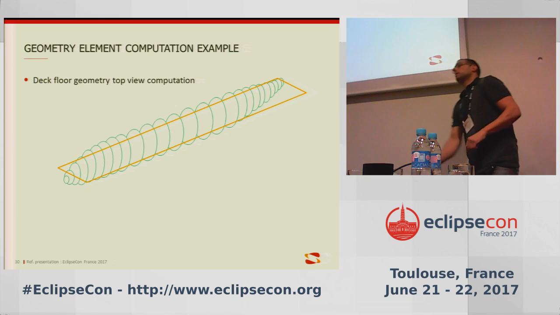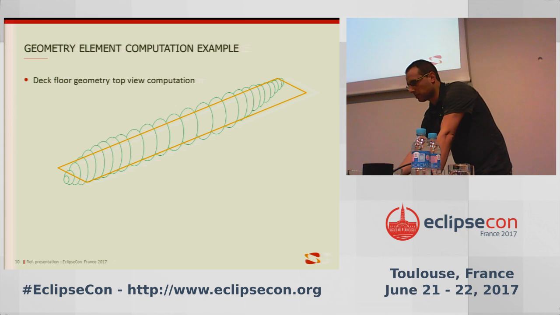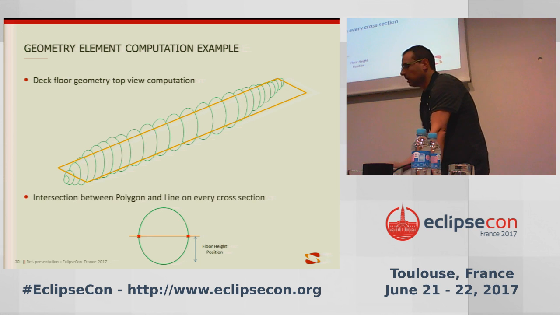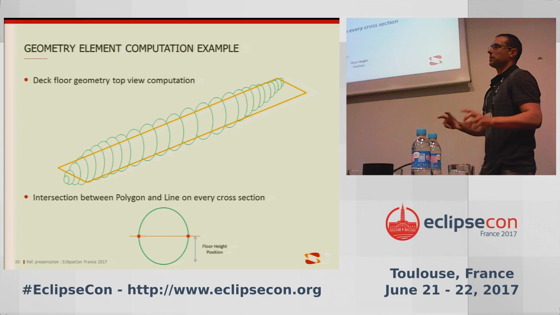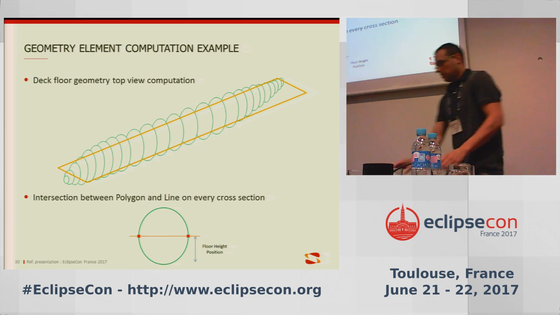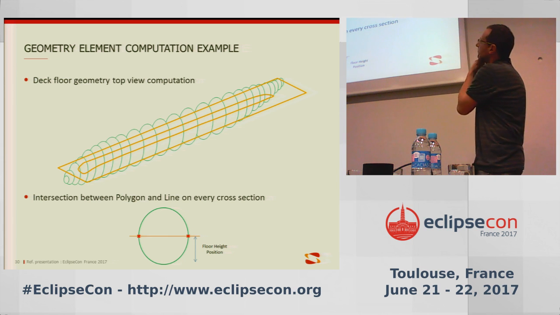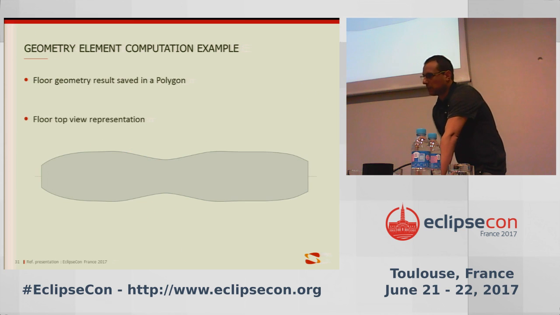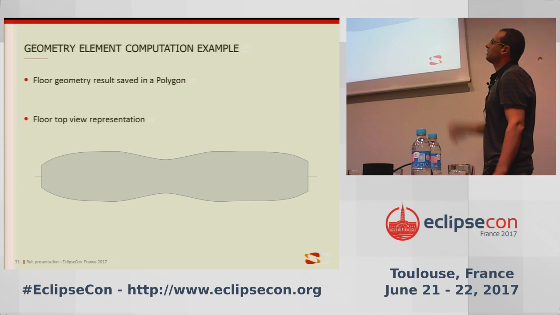We create a plane at the given height, and we do some intersections between the plane and every cross-section we have calculated. It will give each time 2 points, and then with all the points you gather, it creates the floor shape you see. And this floor shape is also saved into a polygon, and you can see what it looks like when it is displayed in the top view.